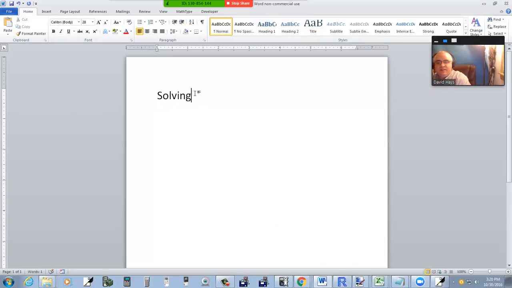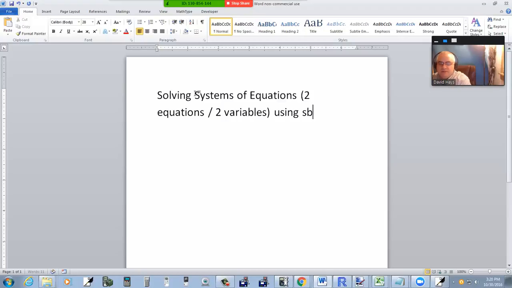Now this is specifically for a two equations, two variables setup. So solving systems of equations, two equations, two variables, using substitution. Step 1. Solve one of the equations for one of the variables.